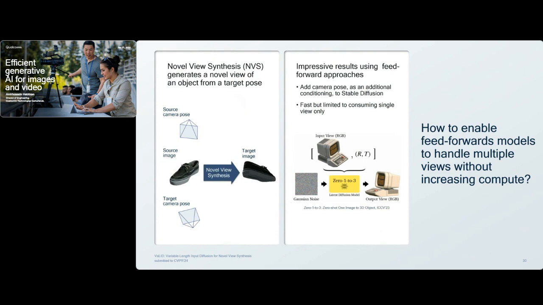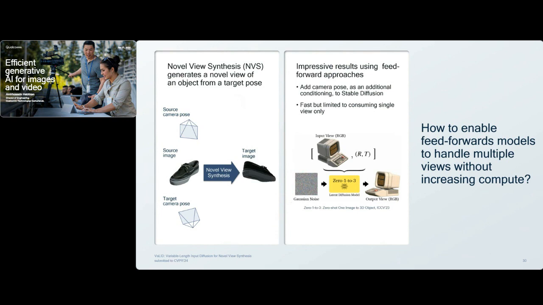They feed the input image to visual encoders, combine it with the pose, and feed it as conditioning to a stable diffusion model. The stable diffusion model learns to render the new view from the source view.